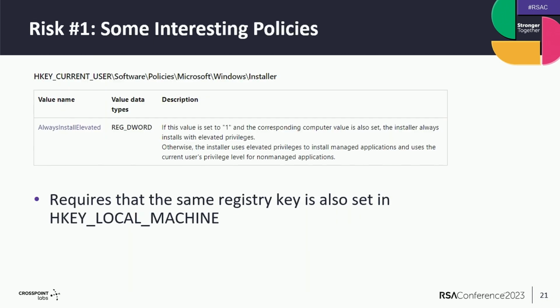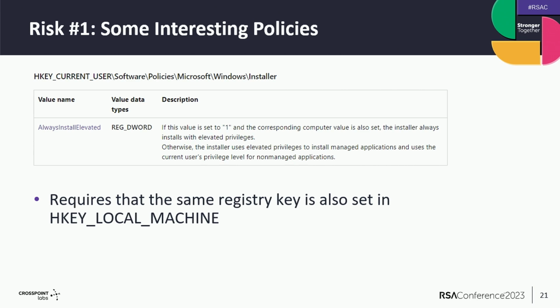Now, there are some interesting policies that you can set within the group policies. One example is Always Install Elevated. What that policy does is basically instruct Windows to install MSI installer or Windows Installer packages using elevated system privileges, even in a standard account.